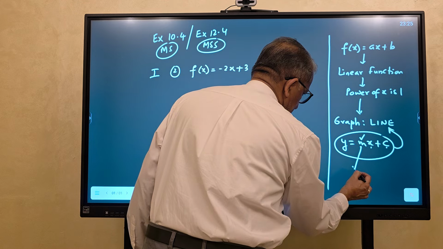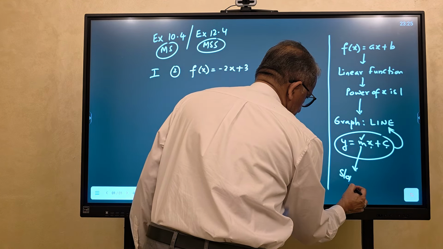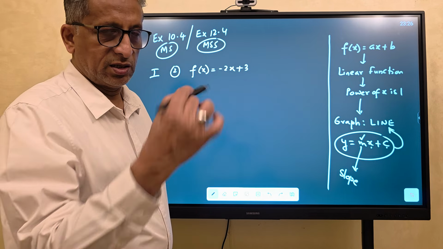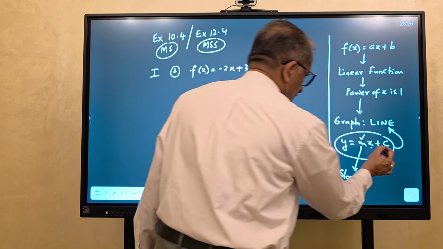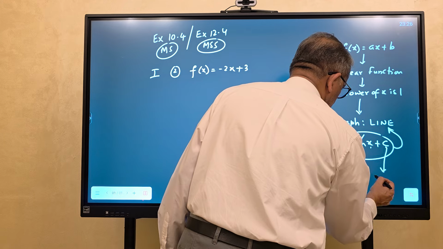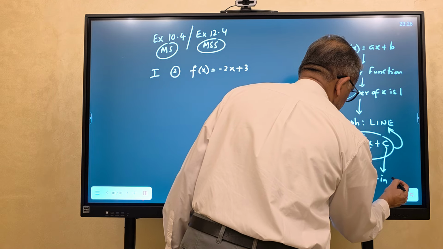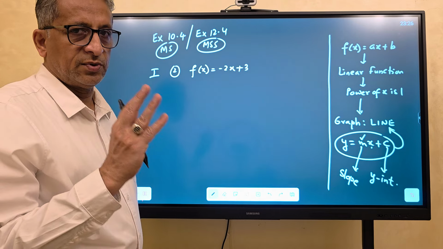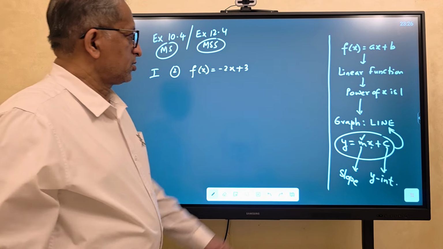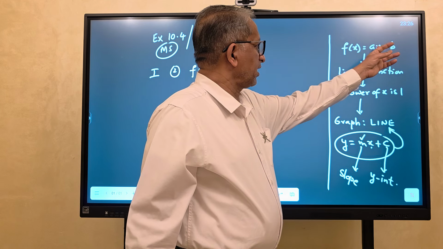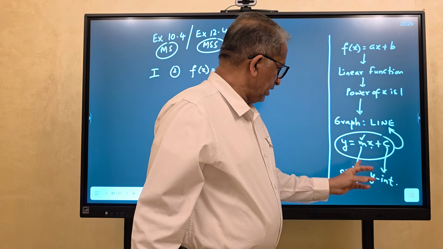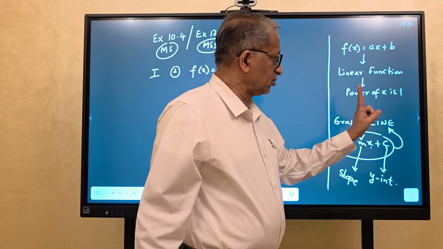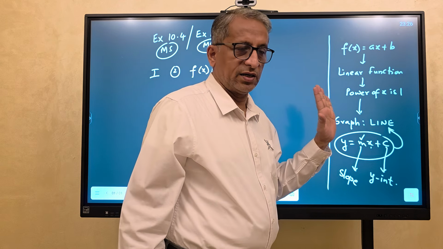This m is always the slope of the line, which we studied in geometry in module 1, and c is always the y-intercept. You know there are two intercepts, x-intercept and y-intercept. If I compare, I will be able to find the slope and the y-intercept.